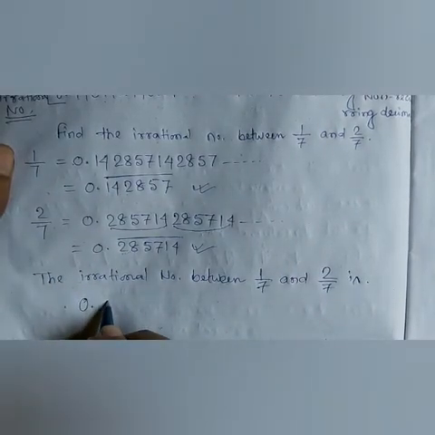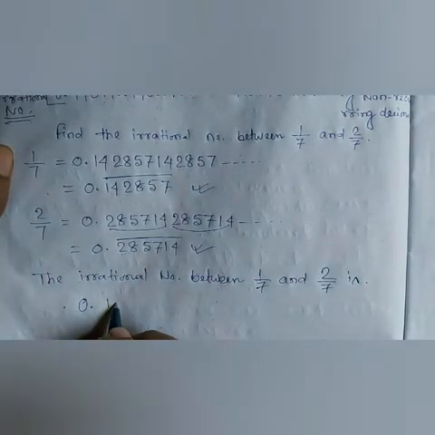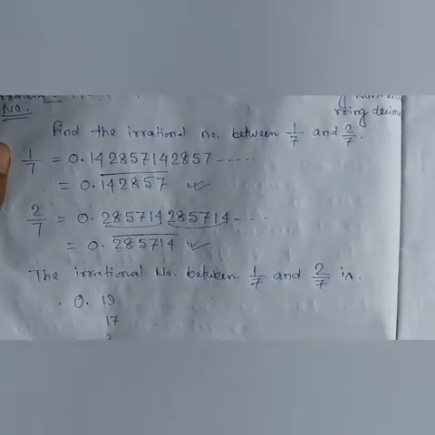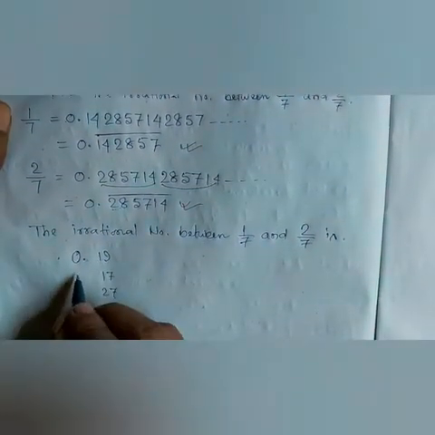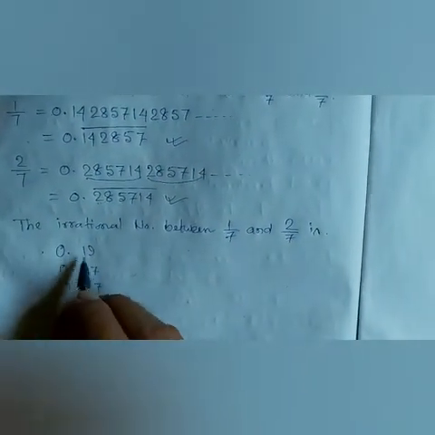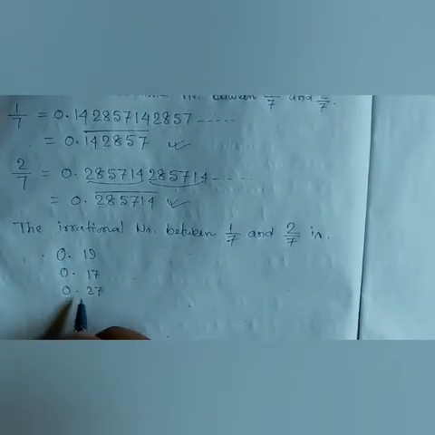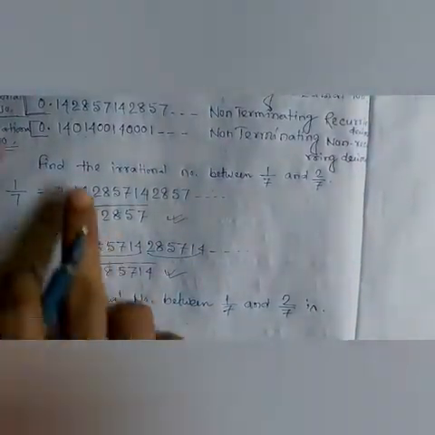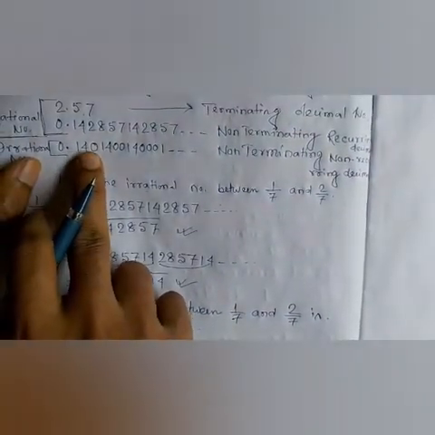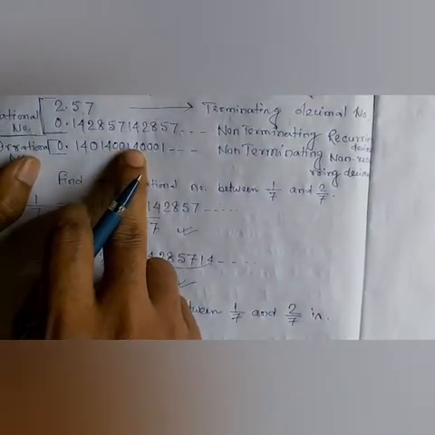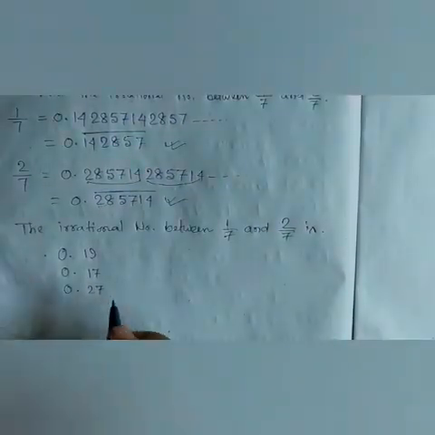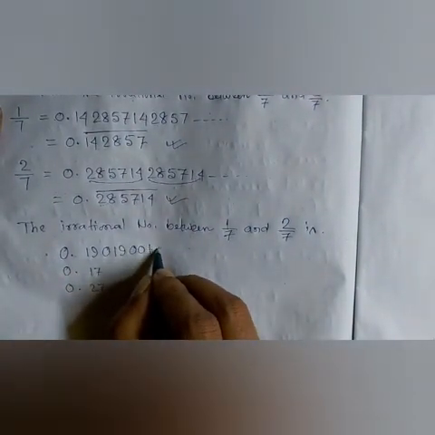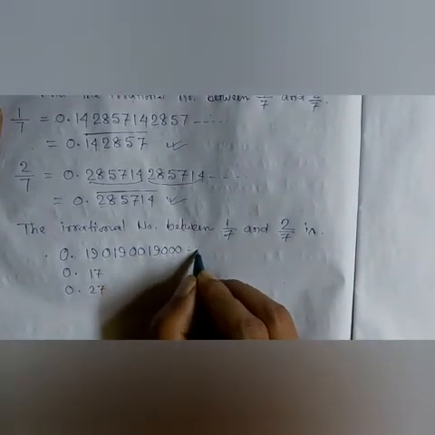You can take 19, or you can take 17, or you can take 27, any one of them. So if you consider these, then 0.19, 0.17 or 0.27. In the first case, you take 0.14, then 10, again 14, 00, then 14, 000, and in this way continue. Similarly 0.19, then 10, then 19, 00, then 19, 000 and continuous.